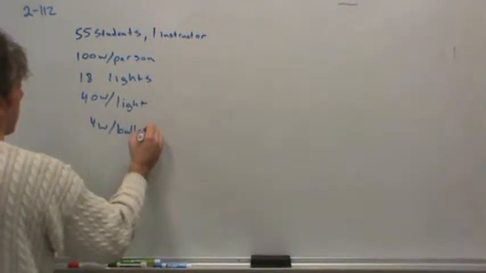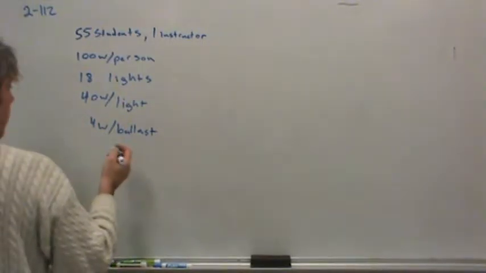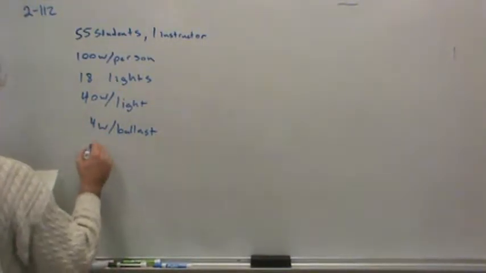So that's 10% of the 40 watts. That's where that came from. And of course, I'm going to assume that there's 1 ballast per light.